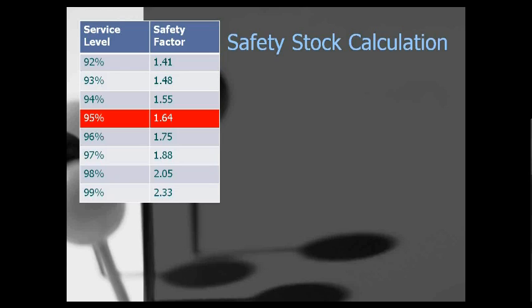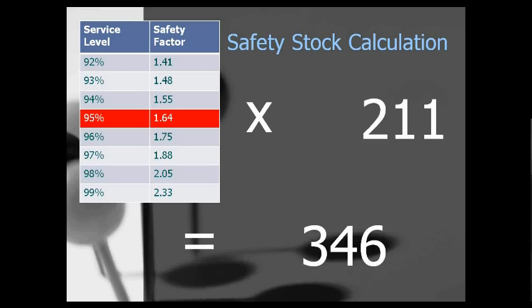Basically what it is, define your service level as a percentage, look up the safety factor multiplier that you need to use, and then from that point, multiply that safety factor, in our case here, times the standard deviation of 211. And what that will give you then is the amount of safety stock, 346 units, that you have to have in order that 95% of the time you'll be able to make your shipments on time every month.